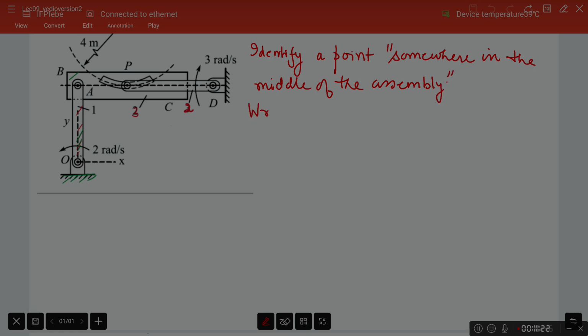Let that point be P, which I am identifying somewhere in the middle of the assembly. Second step: write the expression of VPF from one side of the assembly.